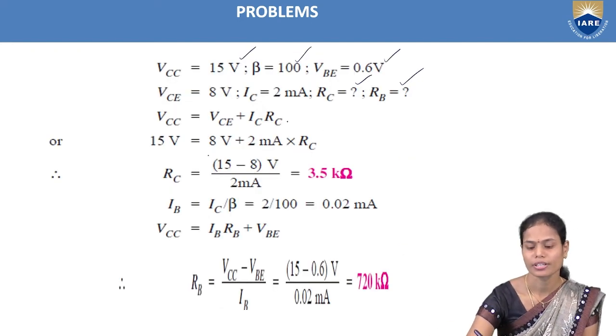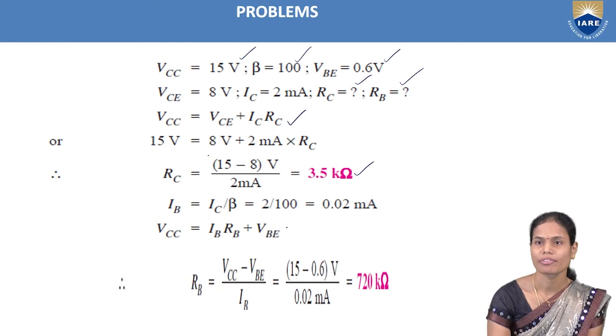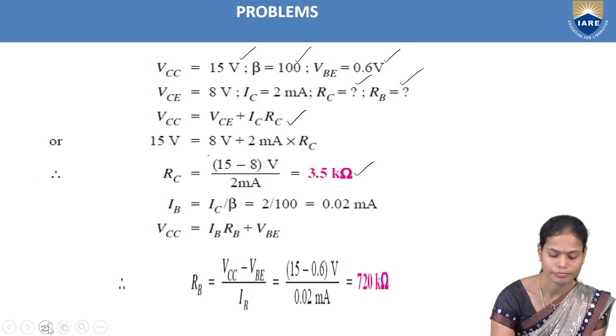So from that we can write VCC equal to VCE plus ICRC. We have all the values except RC here. If we substitute all the values, we will get RC as 3.5 kiloohms.